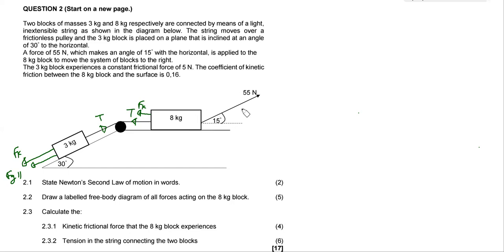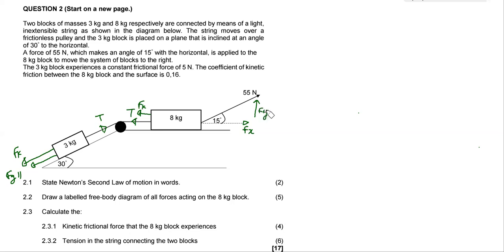Then, when you see an applied force at an angle, you are going to need to resolve it. When you resolve it, you have Fx, which is the horizontal component, and also Fy.